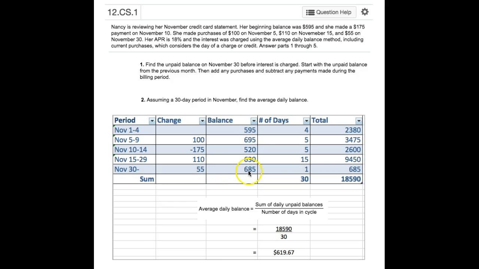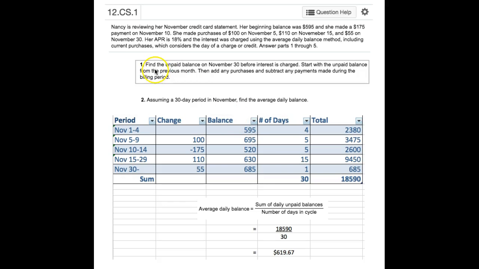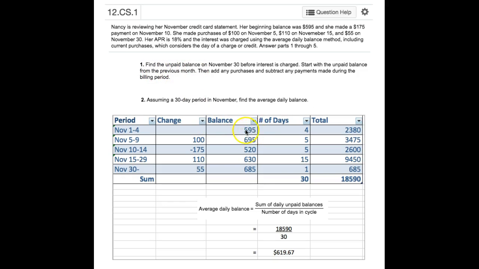And this number right here, because what we're doing as we go along through this chart, and you don't have to have a chart to do this, you can do this by hand, but what you're wanting to do to find the unpaid balance is start with the initial amount at the beginning of the month, which was $595, and add any purchases, which are the 100, 110, and 55, and subtract off any payments.